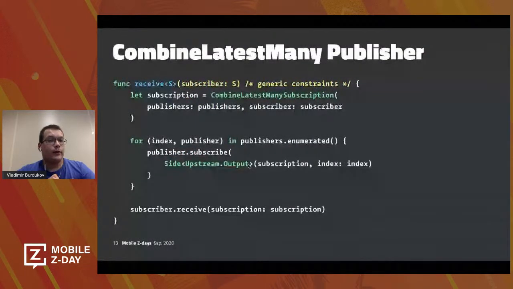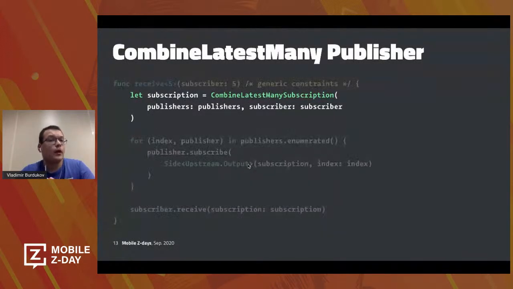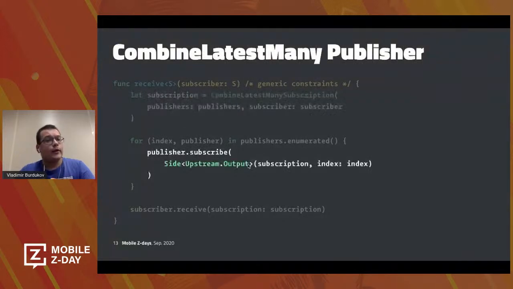So what we have here, as I said, is that the publisher connects all pieces of my operator. First, we create a subscription, and we hold publishers inside it and the exact subscriber. Then we connect each publisher to its own sink. We create these sinks with indices so we can know which publisher fired this event.